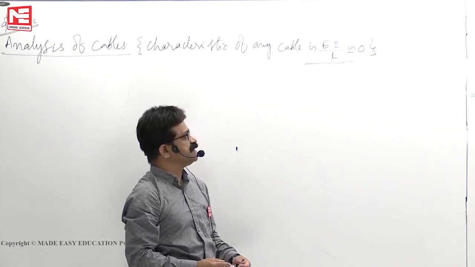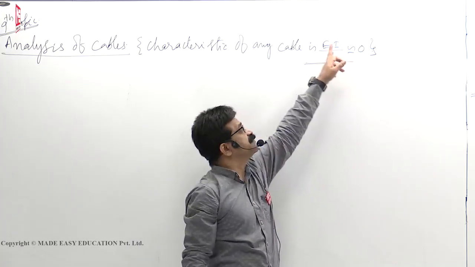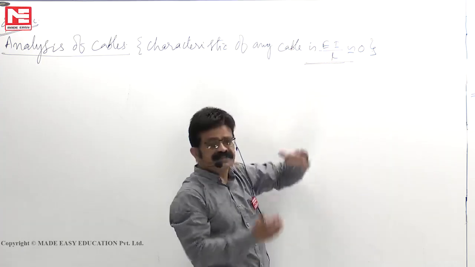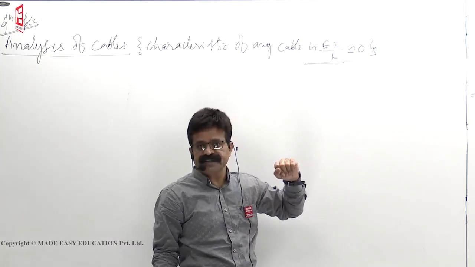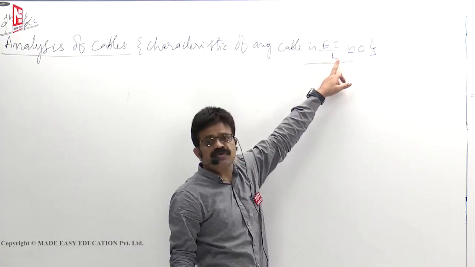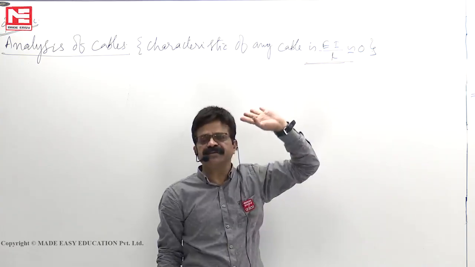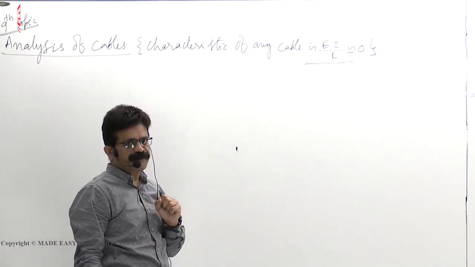Not flexural rigidity; flexural rigidity by L is called flexural stiffness. Cable means the length is very long, sometimes running to 100 meters, 150 meters, like that. So the length is so long that the EI by L quantity is approximately equal to 0. So that is the characteristic of a cable.